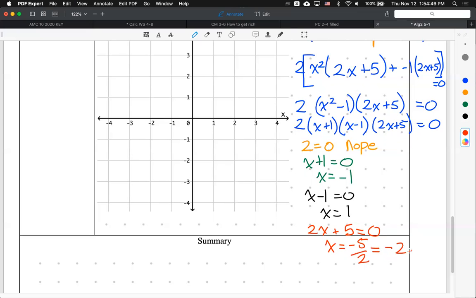There it is. 2.5. There it is. We have all 3 of our x-intercepts. We just need to graph them. Our first one is at -1 on the x-intercept because it's an x-intercept. It's on the x-axis. X is equal to 1. There's our black intercept. And our red intercept is -2.5. There it is. And we're done.